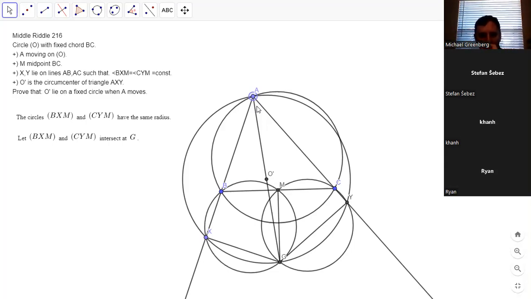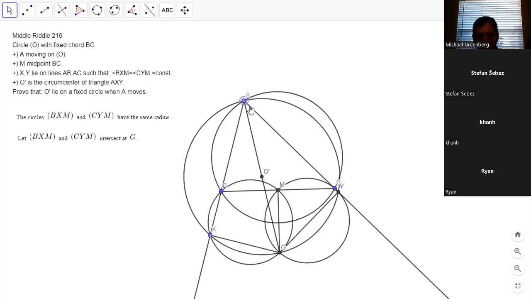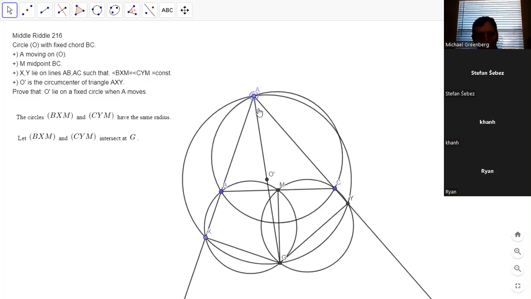So really, there's only one choice of, like, really A. If this is constant, then really, is there only one place that A could possibly be on the circle? No, A is a moving point on the circle. Okay.